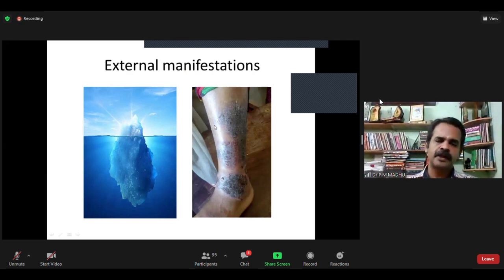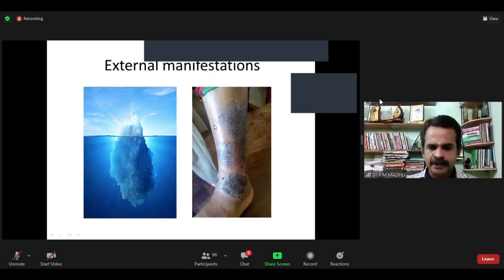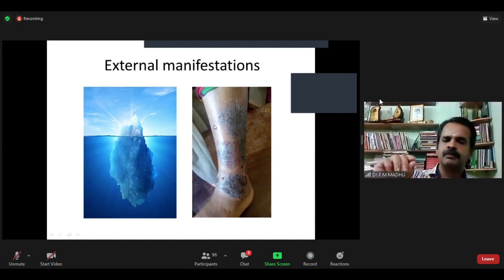Every external manifestation coming to your OP is a presentation of a large internal phenomenon that happened inside the body. Like an iceberg, this external symptom, whether it may be psoriasis, eczema or lichen planus, the external morphology is a simple signal of that disease.